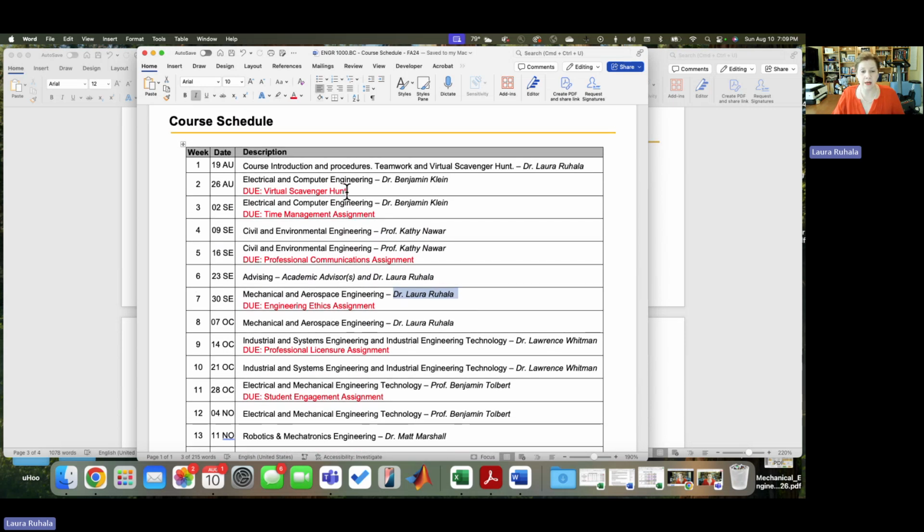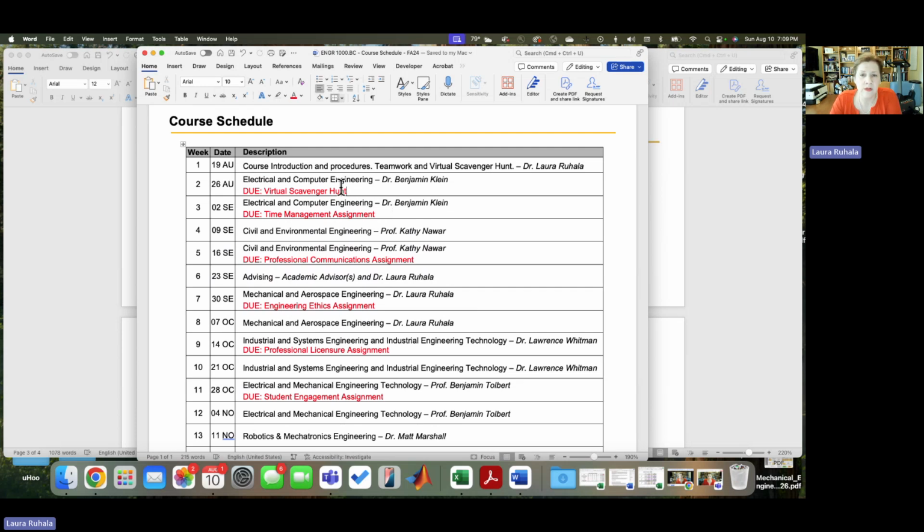Do not change the homework. You can really only change this part, like maybe ECE is coming in week 2 in this section, but in a different section, they're coming in week 10, that needs to be shifted. But when the homework is due does not get changed, and that you can see is in red.